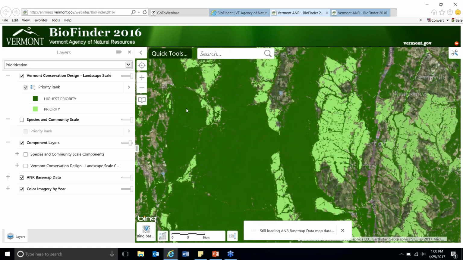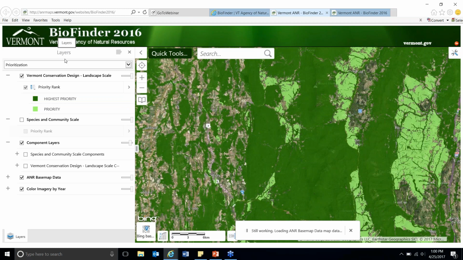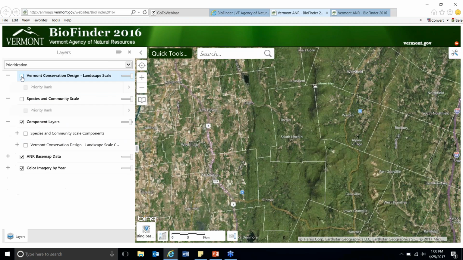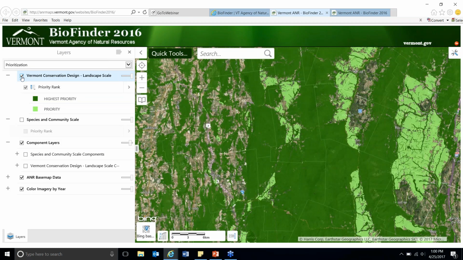On the left, under the word layers, this is where it has all of the different data sets that you can turn off or on. So at the moment, what's checked is Vermont Conservation Design Landscape Scale. Those are the landscape scale priorities where we're looking to maintain patterns and maintain the overall function.